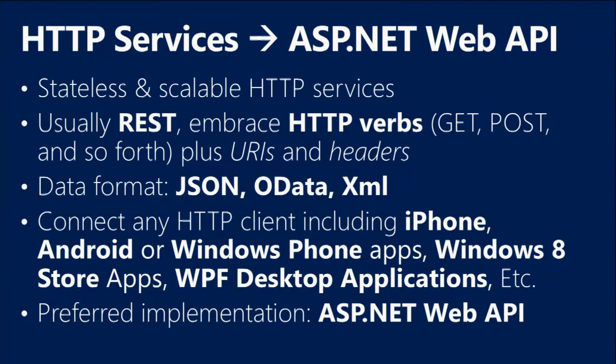And of course, because it is a standard, it is HTTP, REST, OData, or you could be using JSON as data format, etc. You can reuse that service from any client, whether it is .NET, WPF, web, iPhone, Android, whatever.